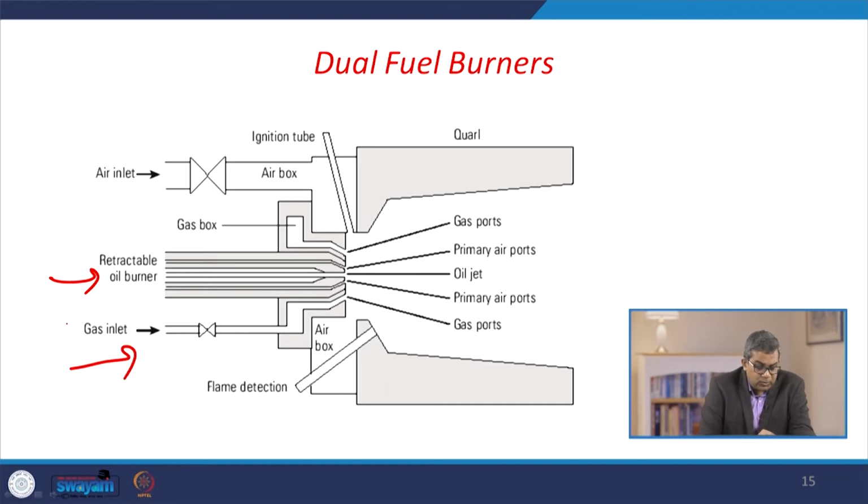Those two fuel sources are altogether different, with the supply of a calculated amount of air inlet. This is the most critical zone, where the gas ports, oil jets and the primary air ports are all mixed together to form a combustible mixture to supply to the furnace zone of the boiler.